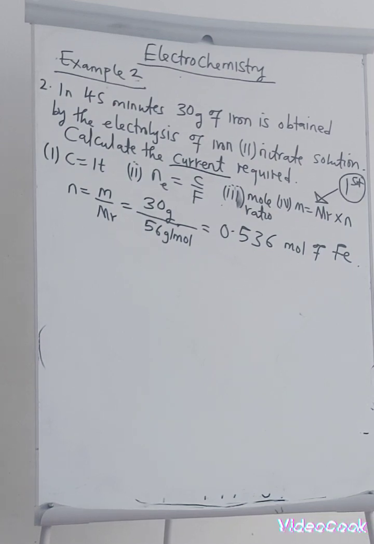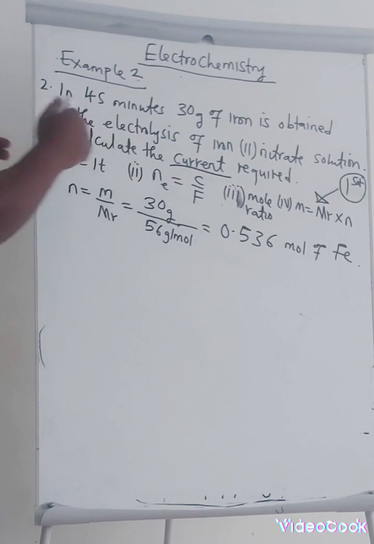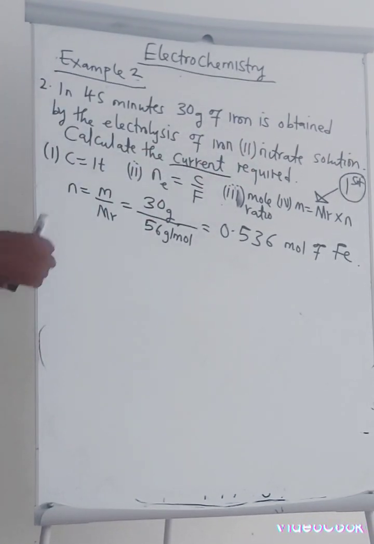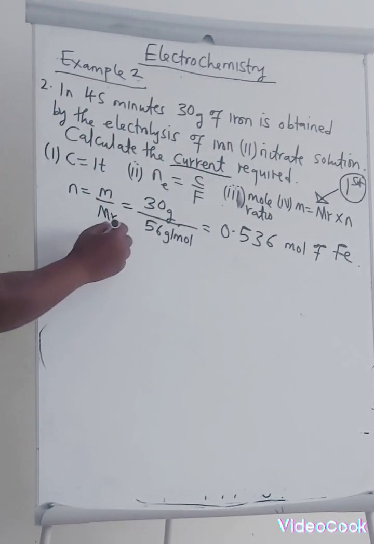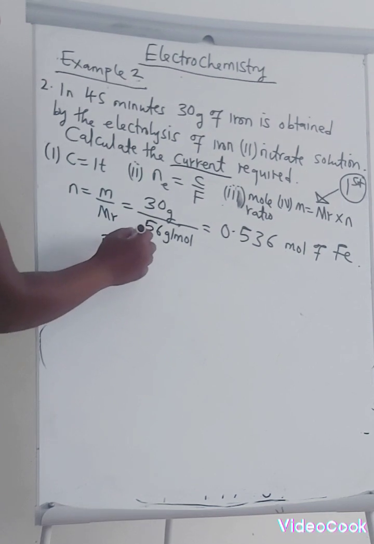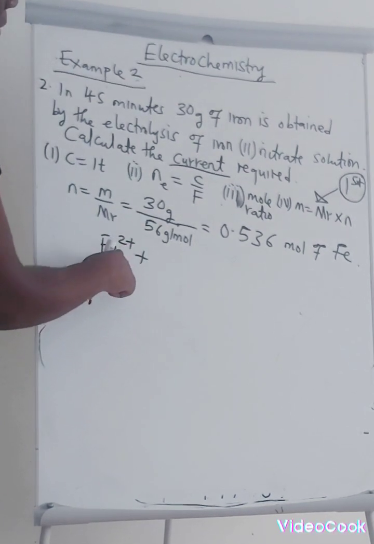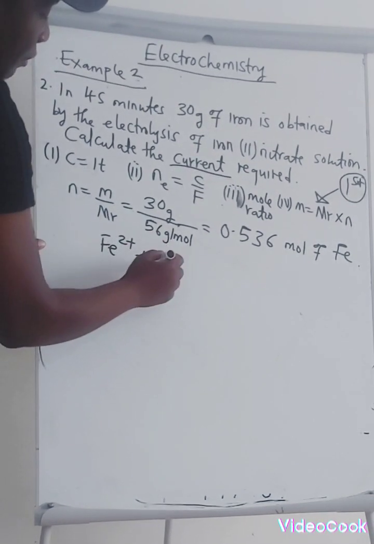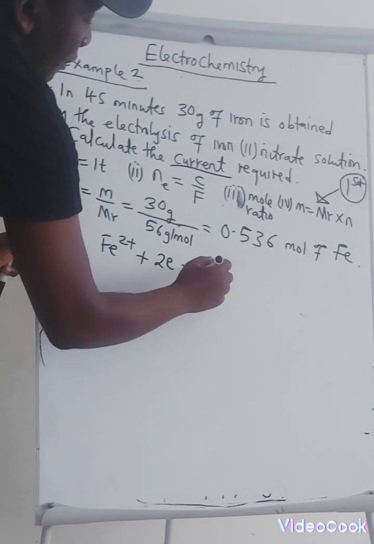Then we go to the mole ratio. This is iron 2, so the charge will be 2. It will need 2 electrons to be discharged.